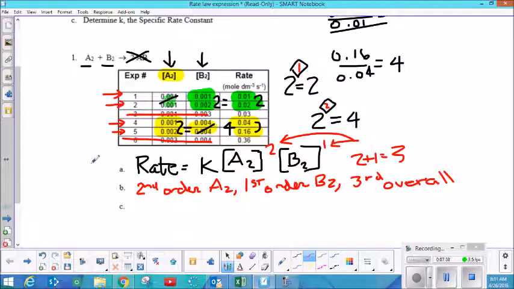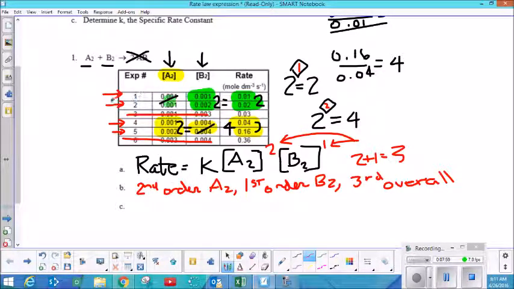Possibly we could have, and if we did, maybe our rate law expression would have been different. If I would have picked 1 and 3, I would have had a 3 here, so I would have had to look to see how those were related to figure out the exponent. So only the experiments that fit my rate law are going to be used.